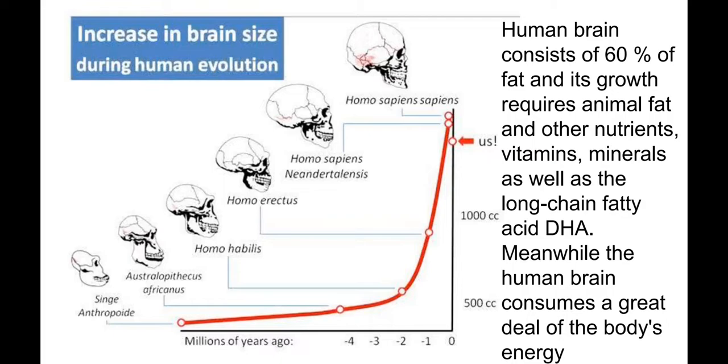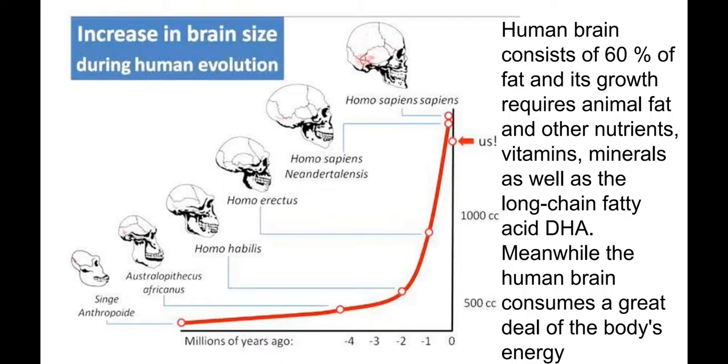The human brain consists of 60% fat, and its growth requires animal fat and other nutrients, vitamins and minerals, as well as long-chain fatty acids, DHA. People can get this DHA from milk in particular, but also from fish and animal fat.